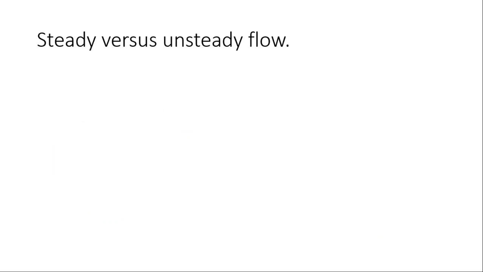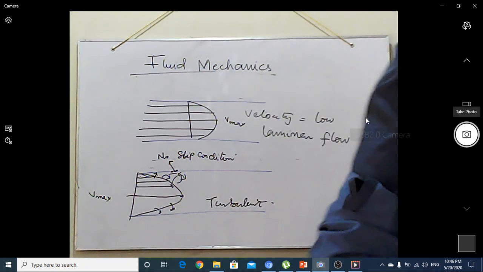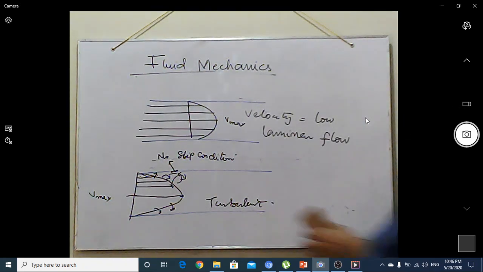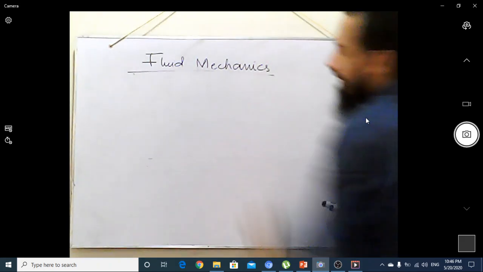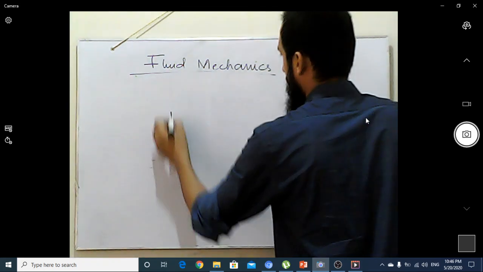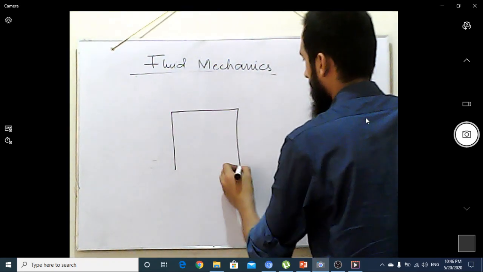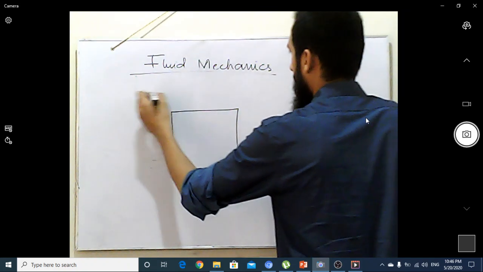Then steady versus unsteady flow. So what is a steady flow? Let's discuss this on the board. Let's suppose this is a process container, a mixing container.